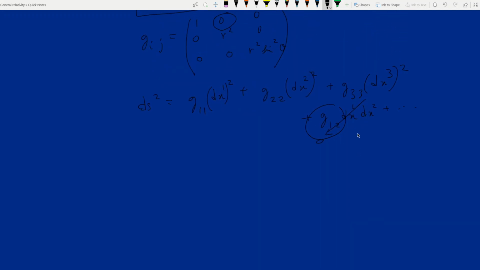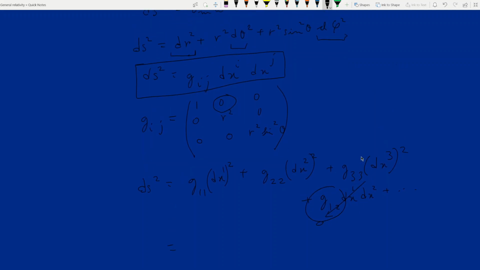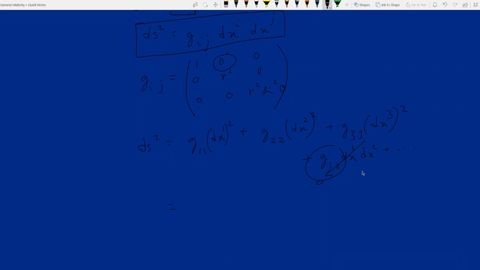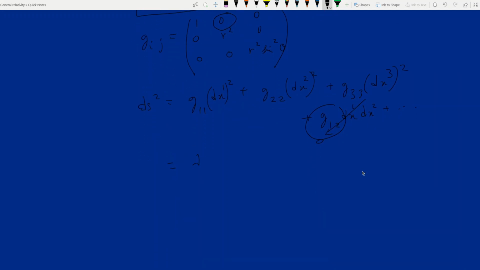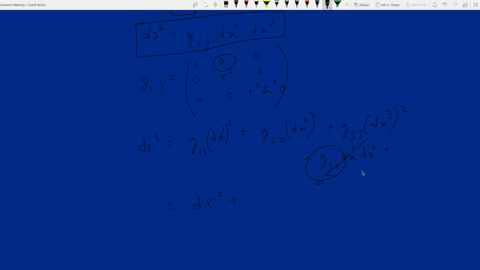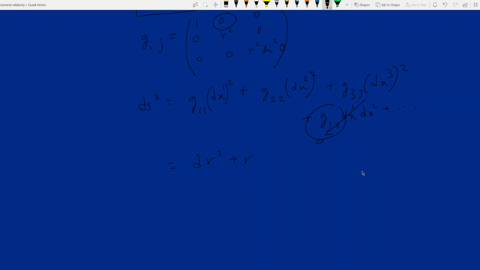So our infinitesimal length squared will become dx1 squared. What's our first coordinate? Well, our first coordinate is r, so this should be dr squared, and g11 is just 1, so this is dr squared, and g22 is r squared. What's our second coordinate in spherical coordinates? Well, it's theta, right?